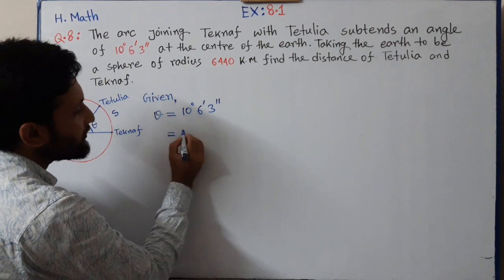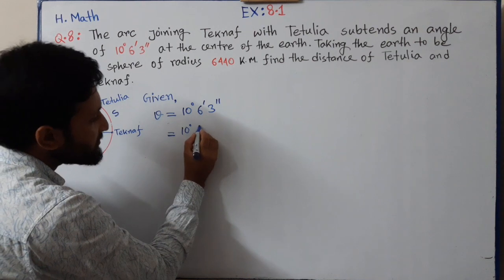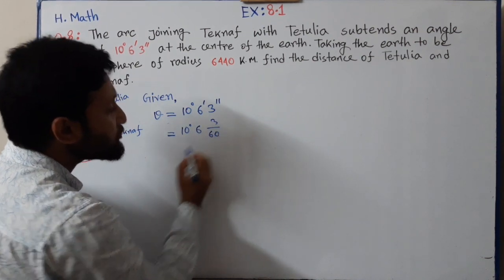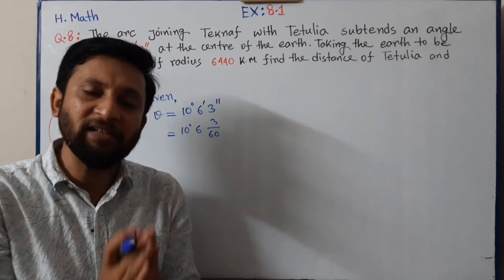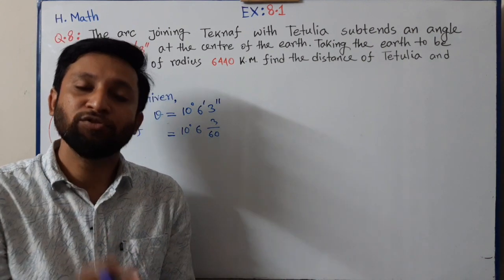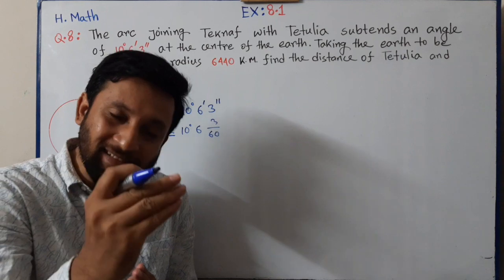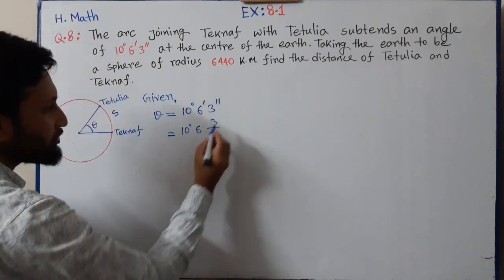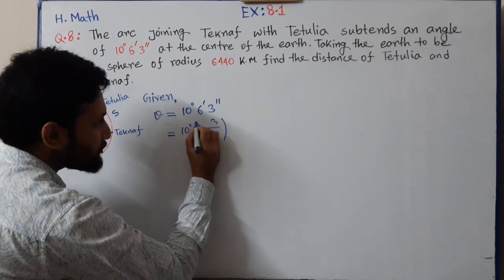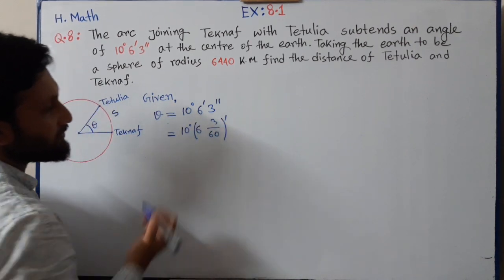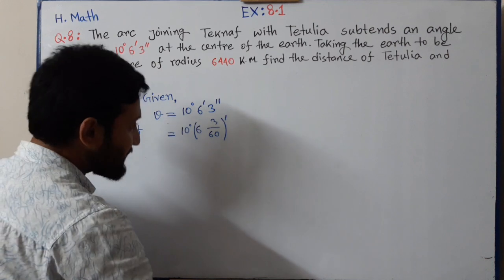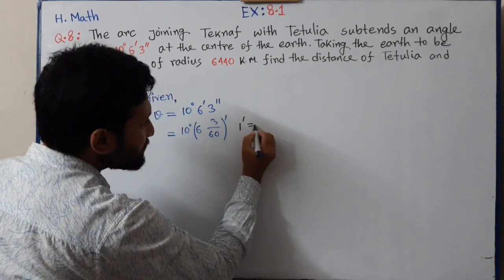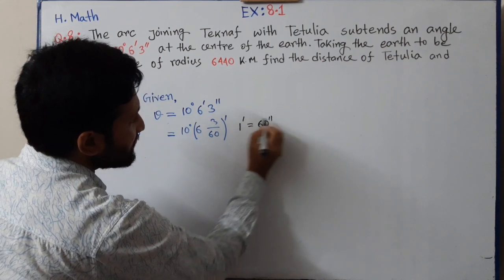At first, 10 degrees 6 minutes and 3 seconds divided by 60, because we already know 1 minute equals 60 seconds. If we divide seconds by 60, it converts to minutes. These two are in minutes, so we can write only minutes, and the side note is 1 minute equals 60 seconds.